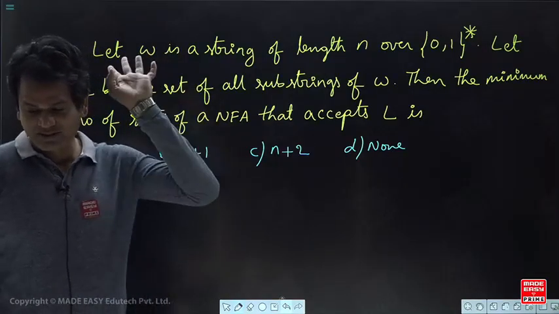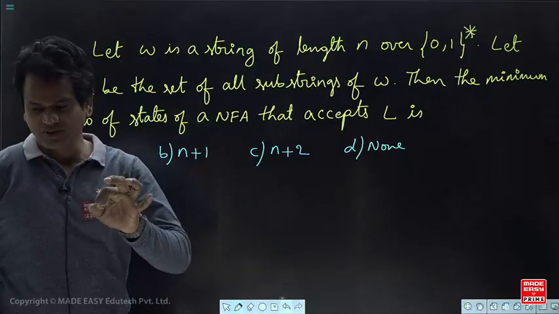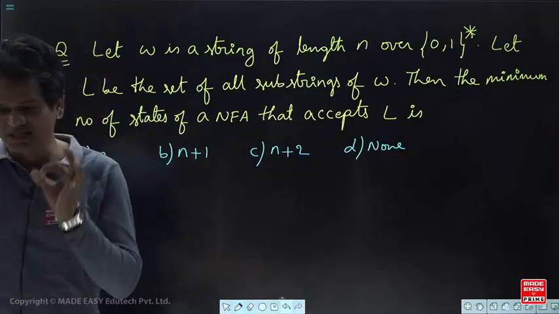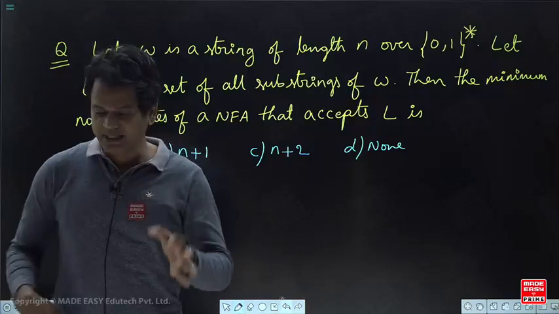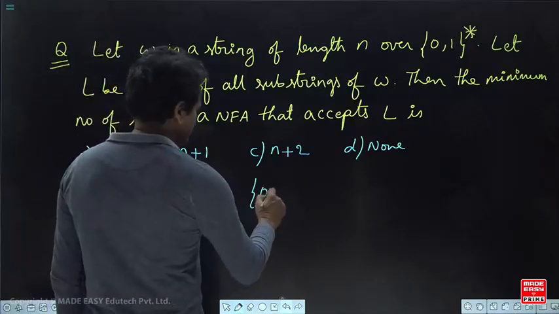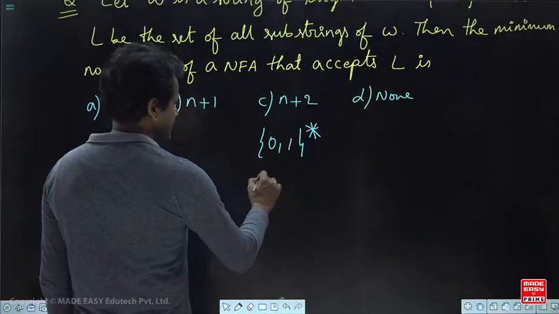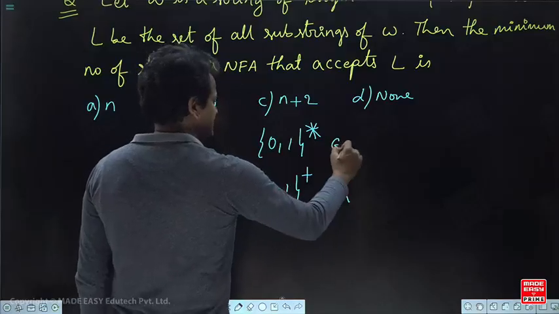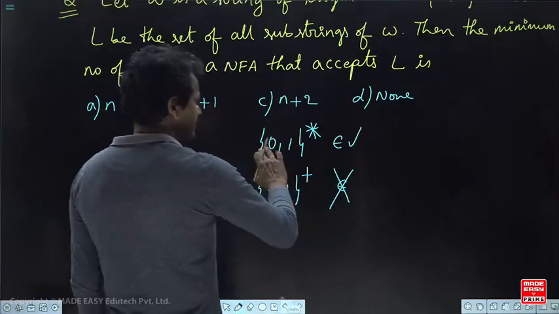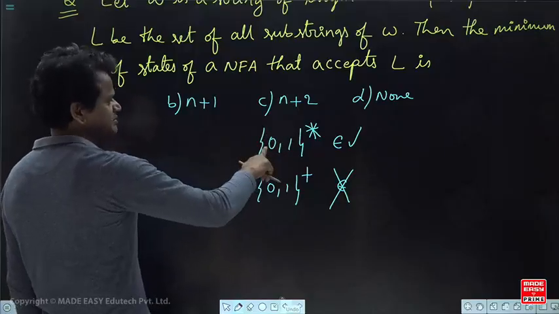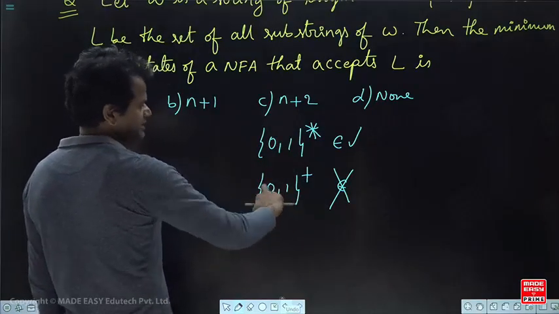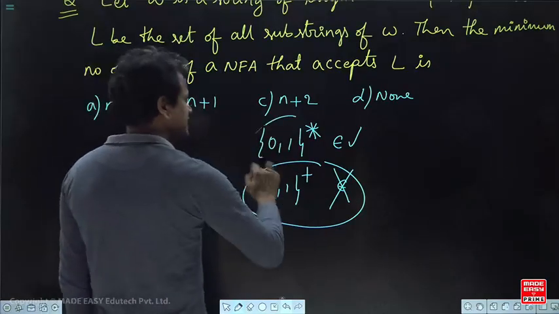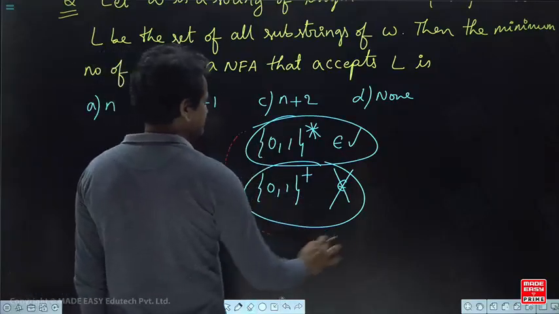When we started this subject, (0+1)* means all strings over {0, 1}, all combinations including epsilon. (0+1)+ does not include epsilon, but (0+1)* does include epsilon: only zeros, only ones, any combination of zeros and ones, and also epsilon.